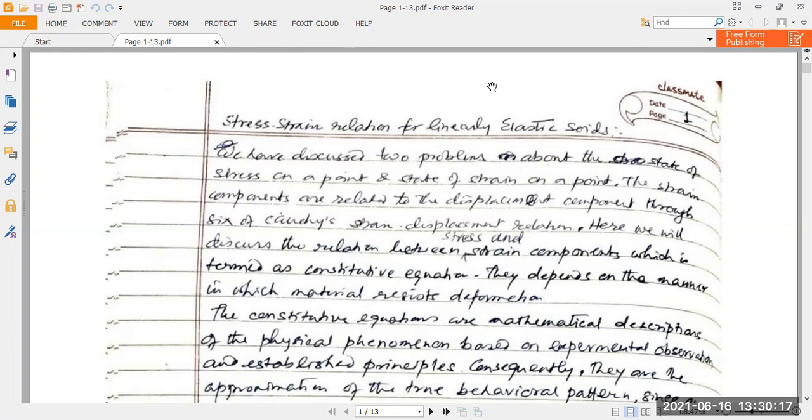Here we are supposed to follow six Cauchy's strain displacement relations. We will follow again the Cauchy's stress relations. Here we will discuss the relation between stress and strain in terms of equations. It is defined as the constitutive equation itself. This term constitutive has a specific meaning.